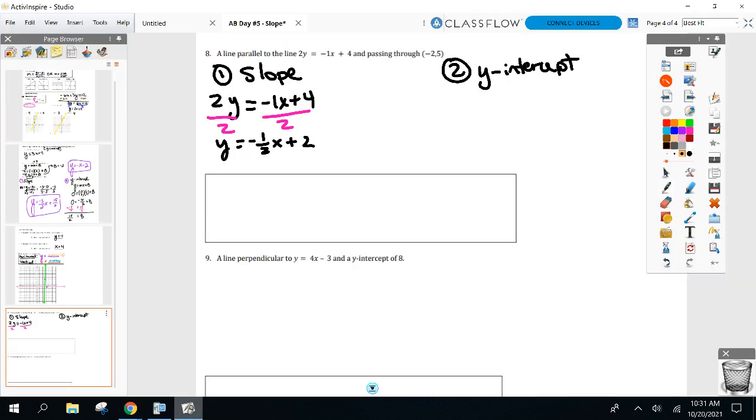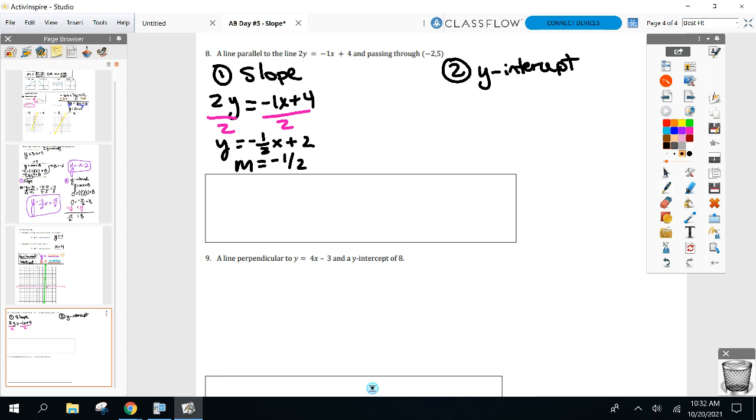Josh, back to you. Negative 1/2. Everyone agrees m is negative 1/2. Romeo, back to you. If these two lines are parallel, what do I know about their slopes? So if this slope is negative 1/2, the answer to the line I'm looking for is also negative 1/2. Everybody good? Okay, so I got the slope. It's negative 1/2. They're always the same.